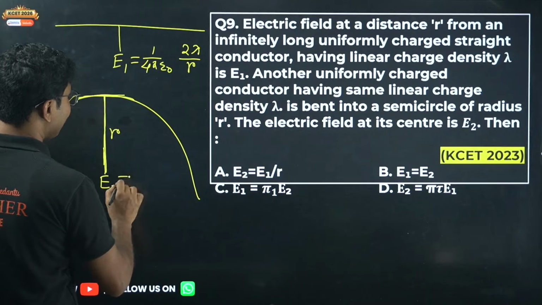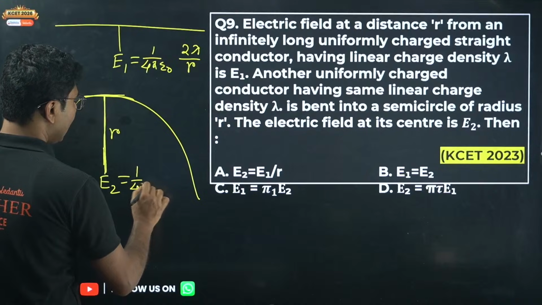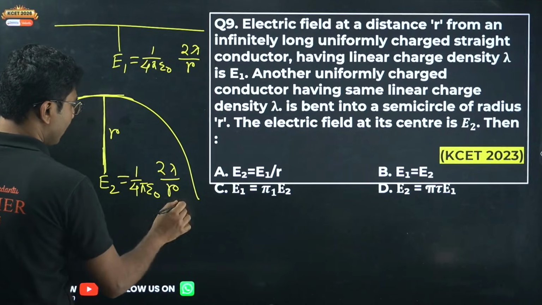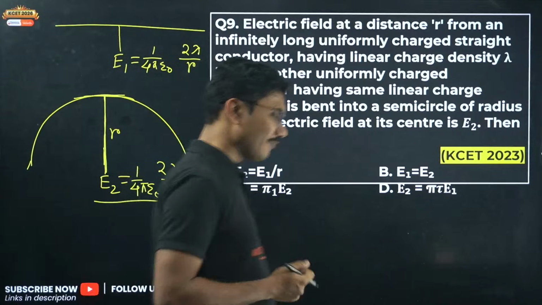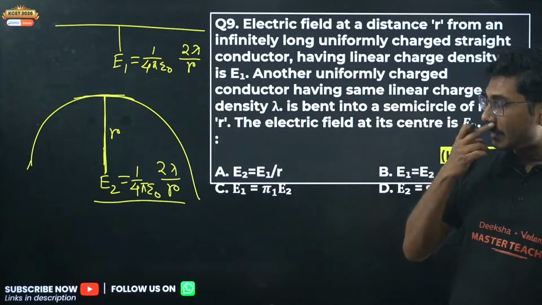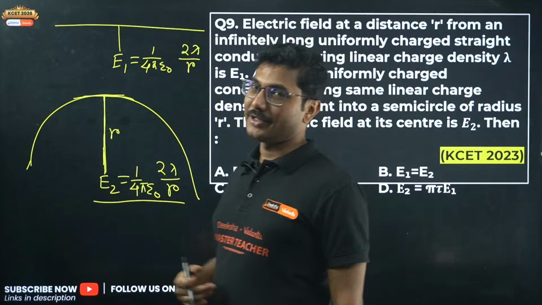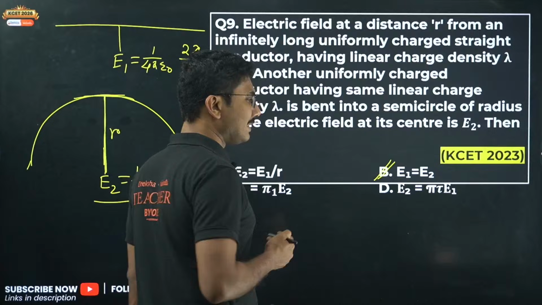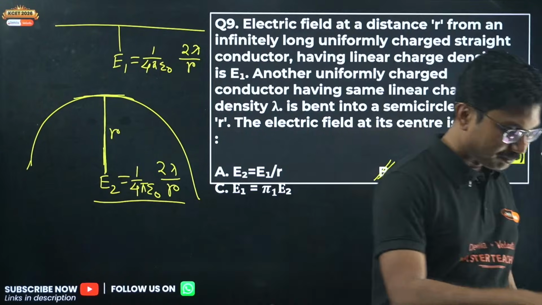You can calculate it mathematically, by the way, 1 by 4 pi epsilon naught. But if you know the answer, that even if you are taking a very long wire and bending it to a semicircle, the electric field remains unchanged. In this particular case, both will be the same.